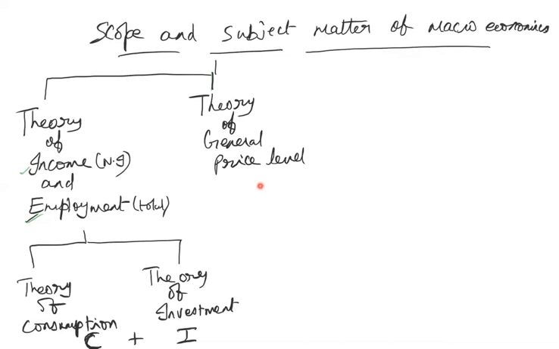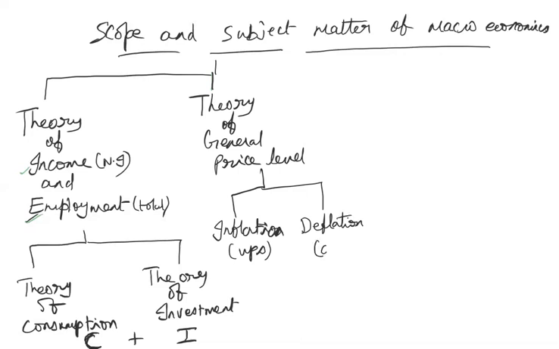So if it fluctuates, it can either be inflation, that is ups in the general price level, or it can be deflation, that is downs. So this is the fluctuation. These frequent fluctuations in any country are not good for the development of the country.